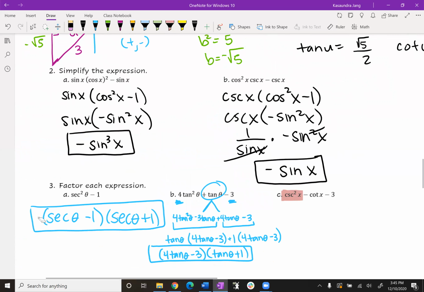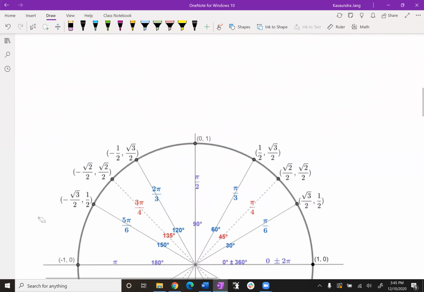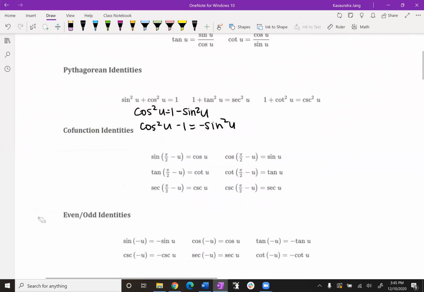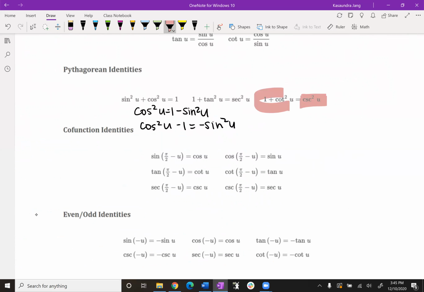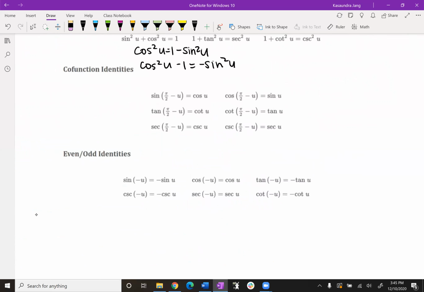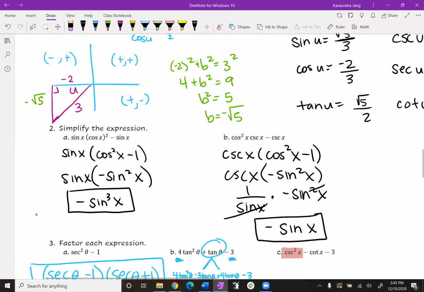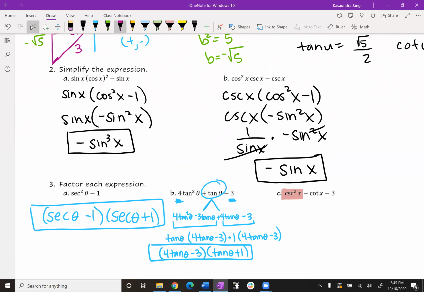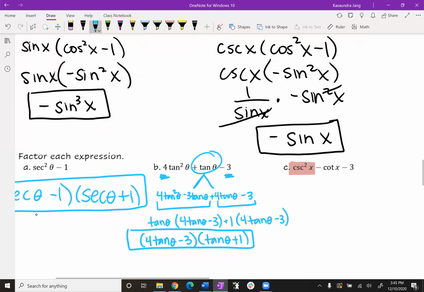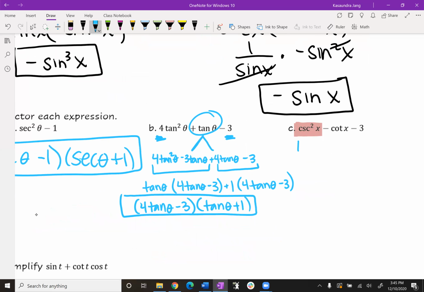Let's go look at this set of identities. All right, my cosecant squared actually equals 1 plus cotangent squared. So let's see if we can use that to our advantage here. If I replace my cosecant squared with 1 plus cotangent squared of x, I still have all the rest of this.